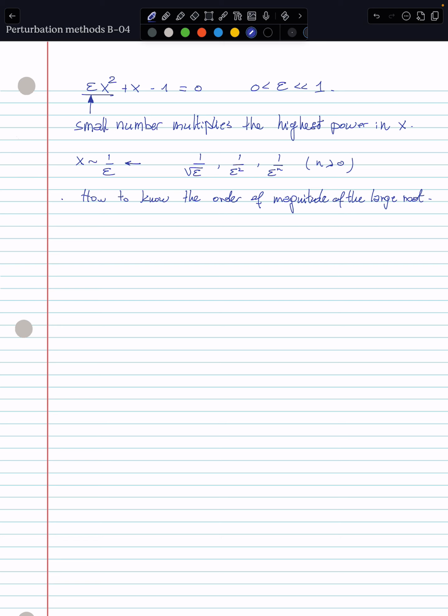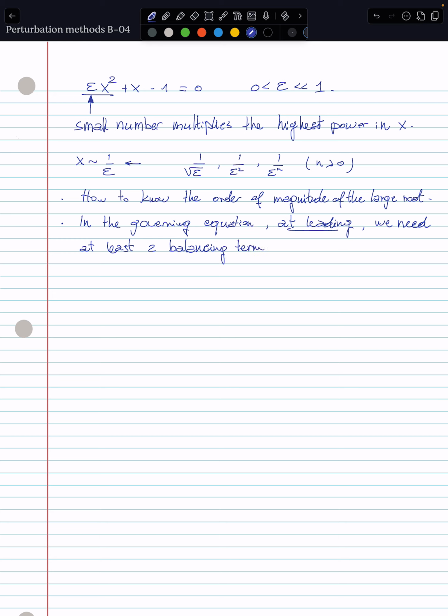So we need to observe that in the governing equation, at the leading order of magnitude, we need at least two balancing terms.